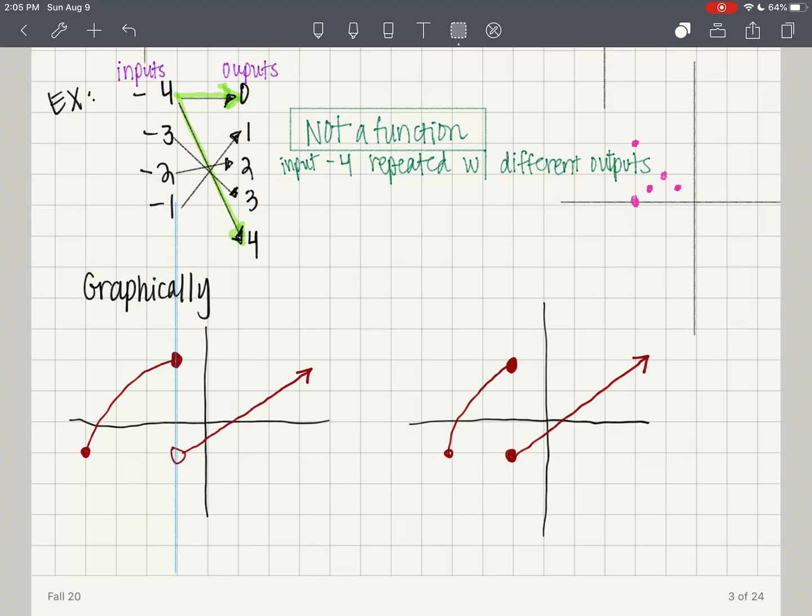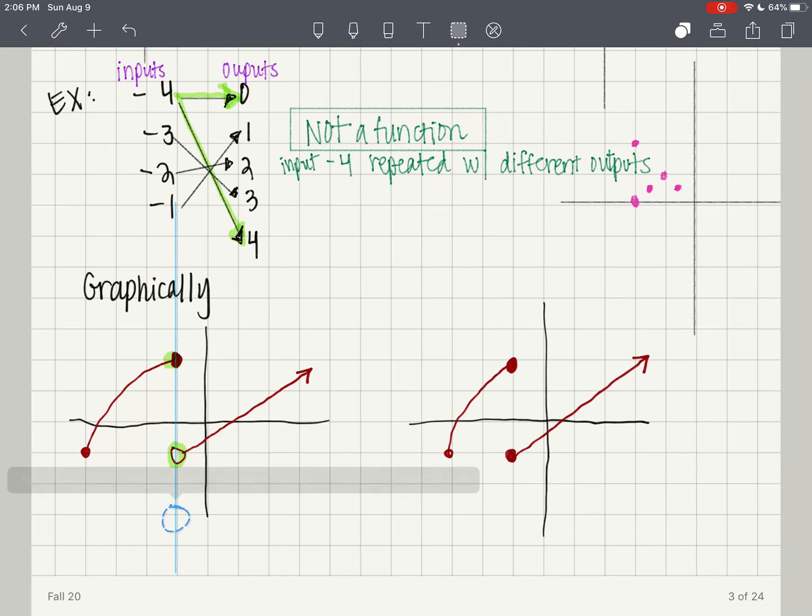It passes because this input is an open circle, meaning that value is not included in the graph, but this closed circle means that the output is. So that passes because you have an input that is only used once, giving you the solid circle, and then the input where it appears it was used a second time is an open circle because that is not a value that is included.